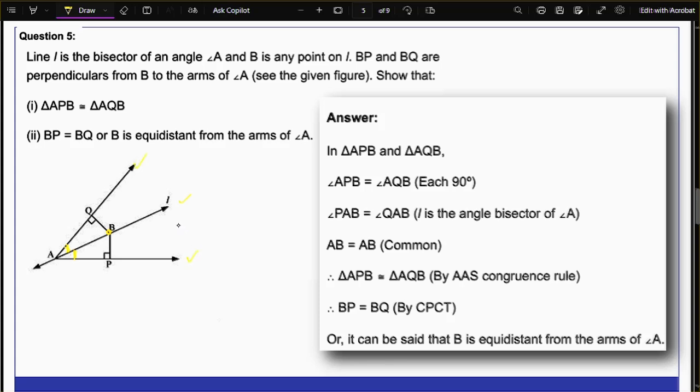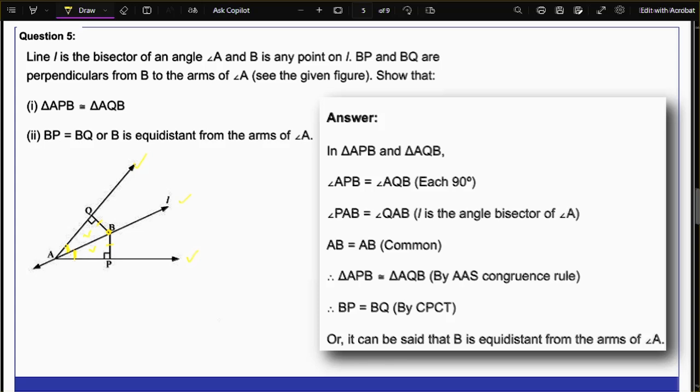We have to show that these two triangles, APB and AQB, are congruent, and hence that BP equals BQ, which are corresponding parts of these two triangles.